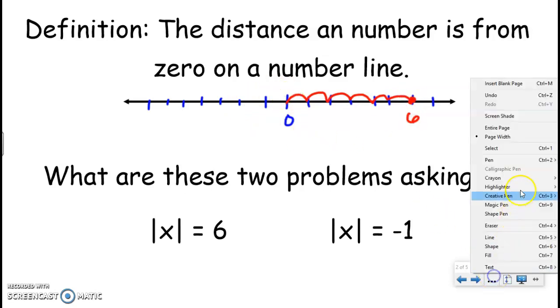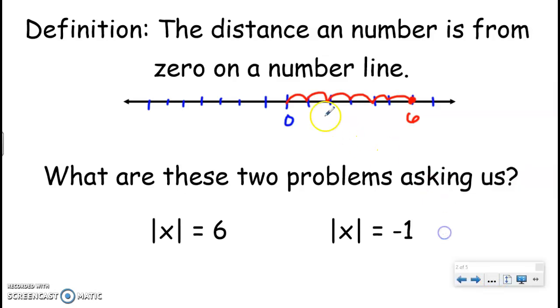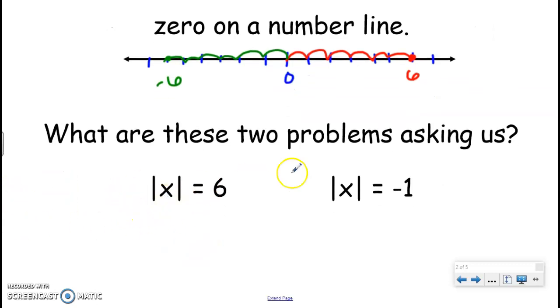If I go 6 units to the left, I end up here, which is -6. Okay, so this is asking us what numbers are 6 units from 0 on the number line. So your answers are -6 and +6.